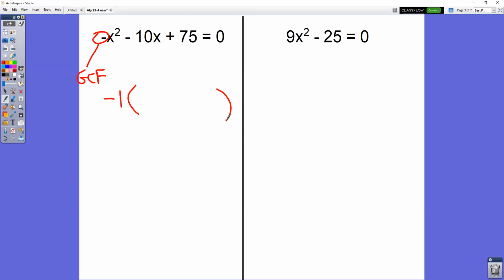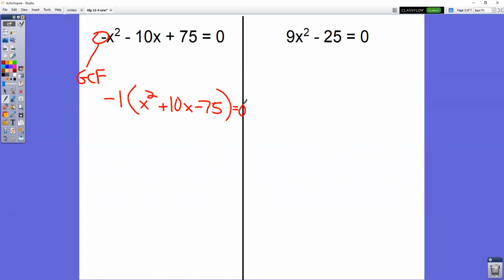We take a -1 out of each of those terms. If we take a -1 out of here, we're just left with x squared. If we factor out a -1 here, -10 divided by -1 is a positive 10x. And factor out a -1 from the 75: 75 divided by -1 is -75. So now this is what we have when we factor out the greatest common factor.